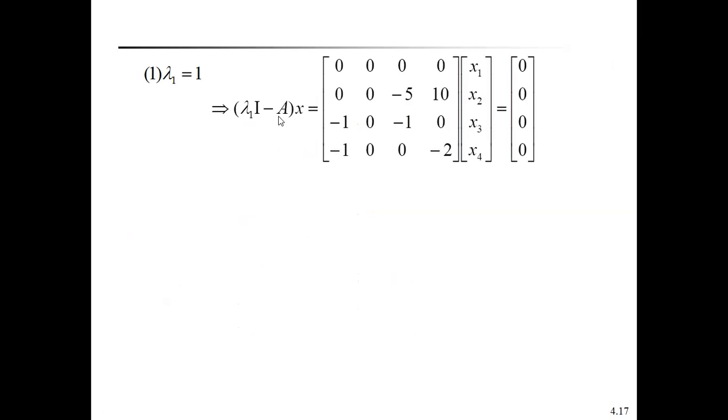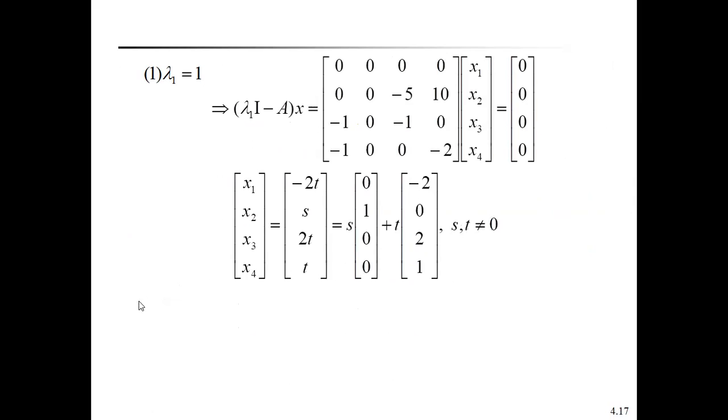What is the eigenvector corresponding to lambda equal to 1? Lambda 1 I minus A into x is equal to this, we can find it like this. To determine this, we get x1, x2, x3, x4 by using the echelon form, in terms of the values s and t. It has infinitely many solutions. That's why you can take x2 equal to s and x4 equal to t. We can get x1, x3 in terms of t and s.